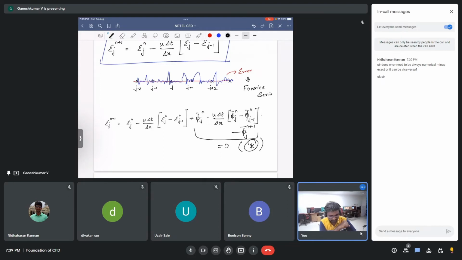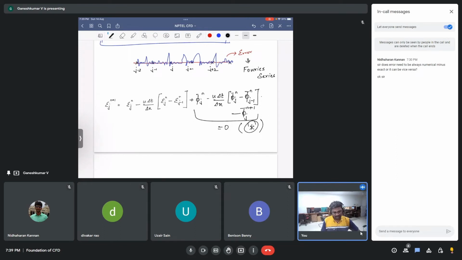If you don't know what a Fourier series is, if you have a random signal and you want to represent that signal, you will consider sine and cos terms with proper weightage, and you will add a lot of sine and cos terms with proper weightage to represent some random signal.